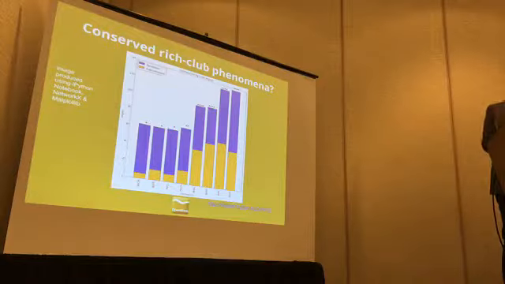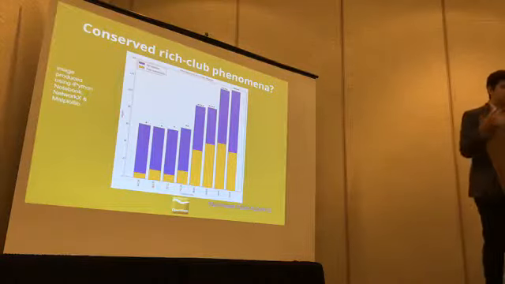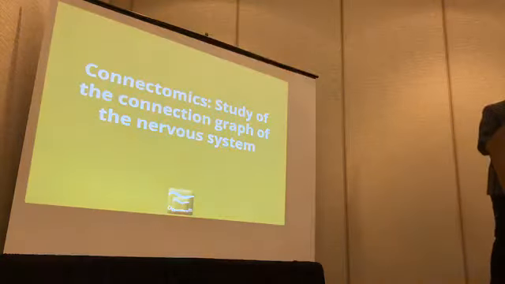I didn't see that having been shown yet in any of the topological analyses of C. elegans. So you can actually show that, yeah, the neurons that have the highest degree have statistically a much, much higher degree than you could predict just by going by average degree. So there's some interesting structure in this nervous system, right? And so this is the kind of exploration that you can do with this network.